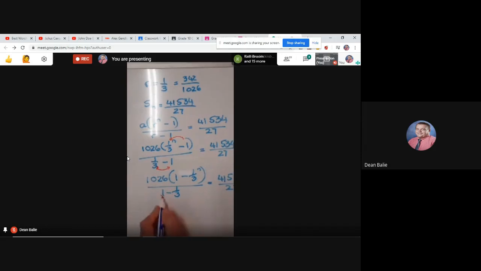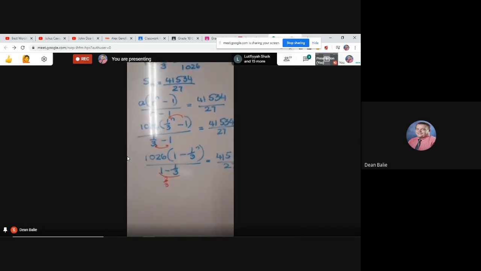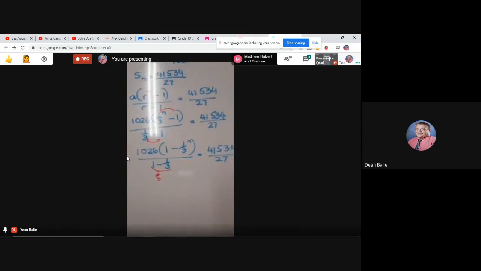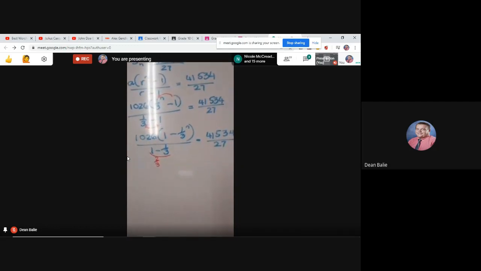This here simplifies down to 2/3. I can get rid of this 2/3 by multiplying both sides by 2/3.